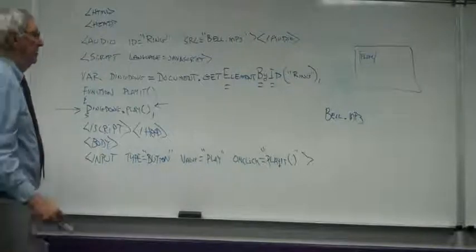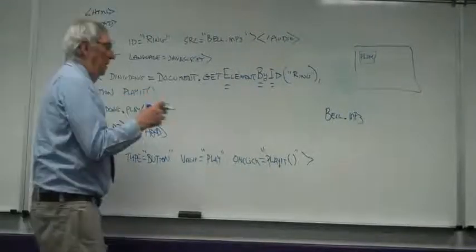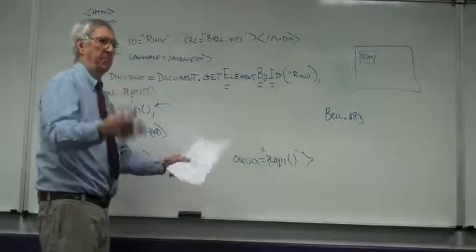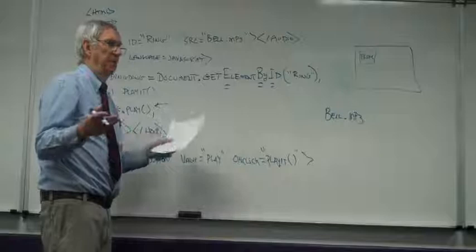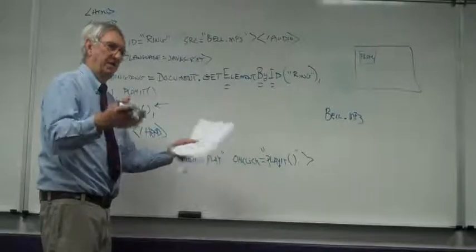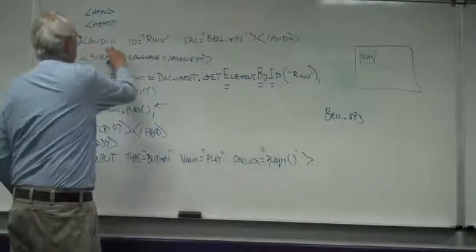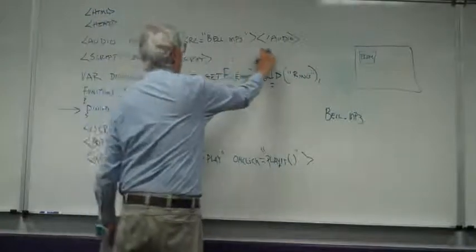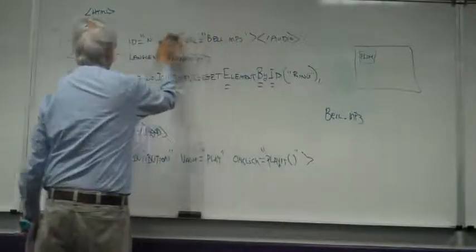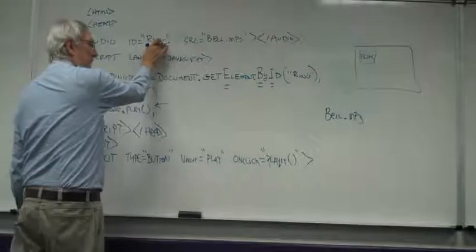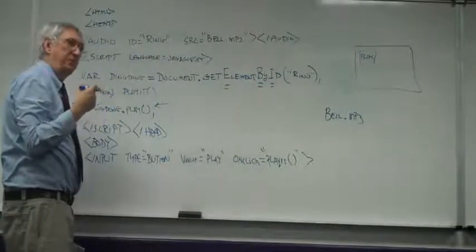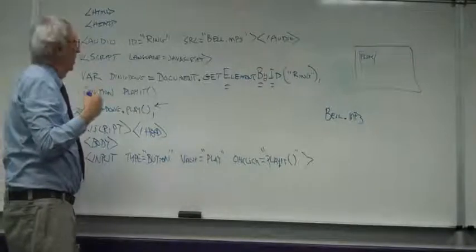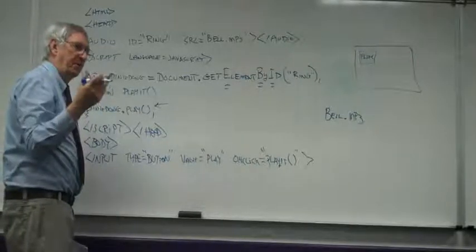No. Here's what happens. Only HTML can bring sound into your program. JavaScript can only do that through HTML. It can't do it on its own. So the HTML has to get the sound in. That line right there is a special HTML line. It says, give me that sound and put it in this ID right here. So now HTML knows it by that name ring. Now in your program, you can't call it ring because it's not just a word, it's actually a sound.